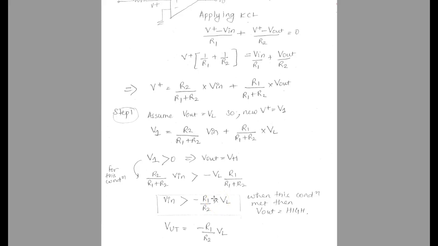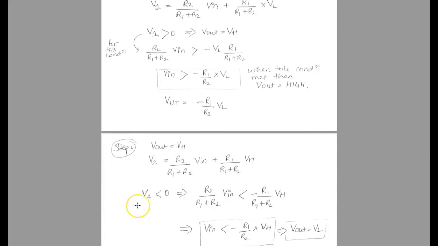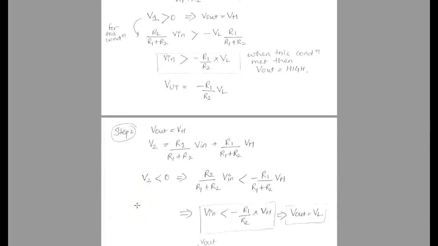That's your first step, and that's how you make your upper threshold limit, based on this simple derivation by applying KCL. The same you will do for finding the lower threshold limit.